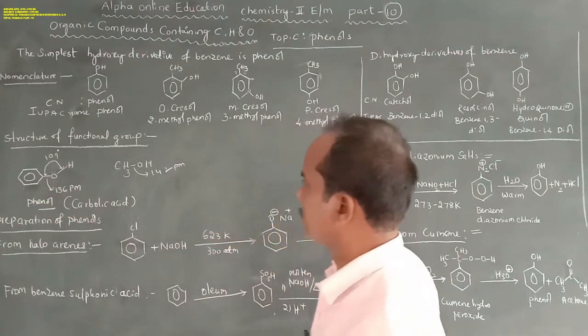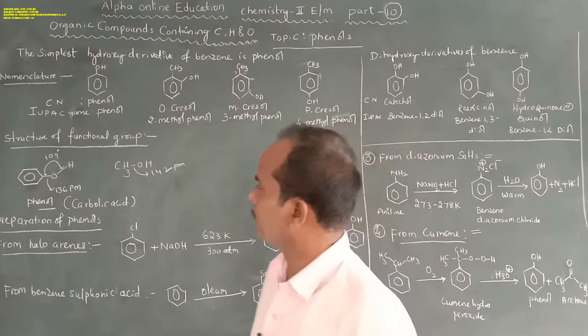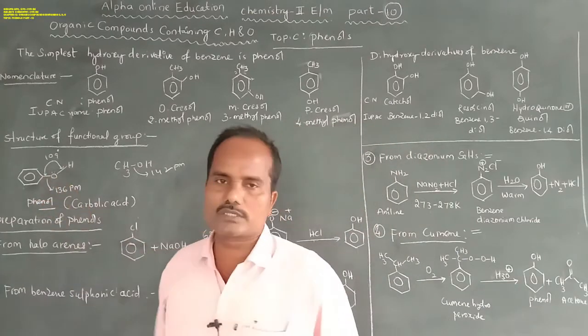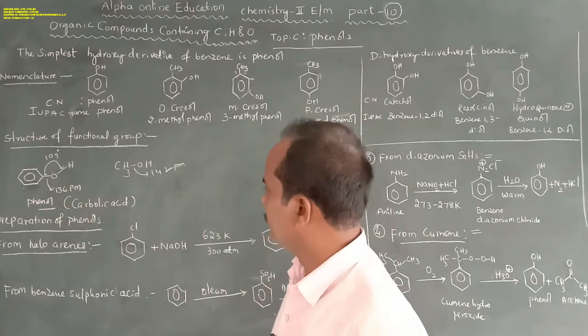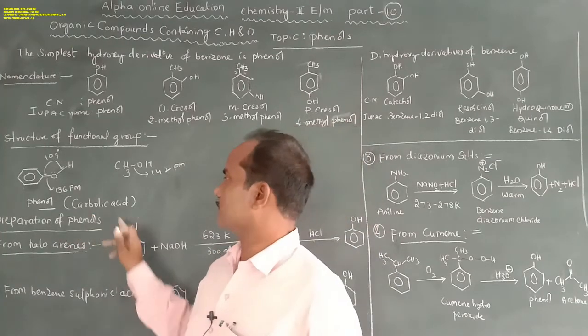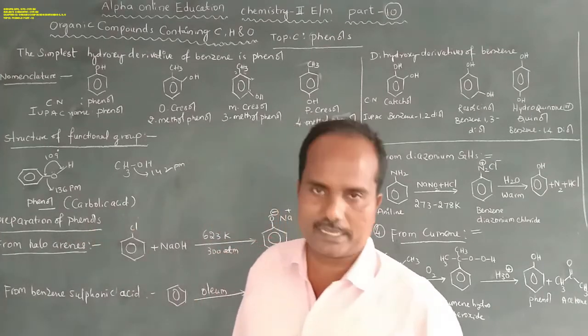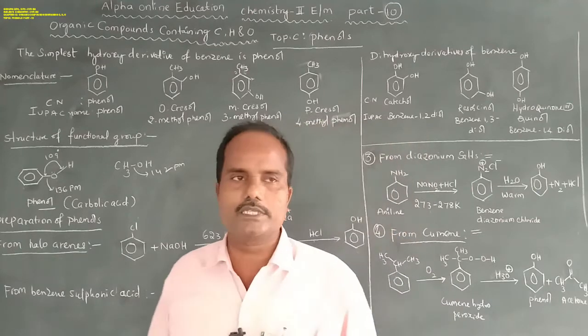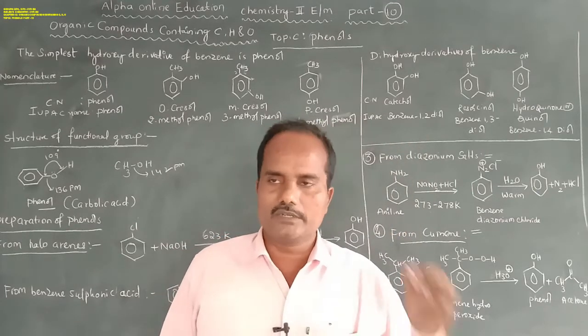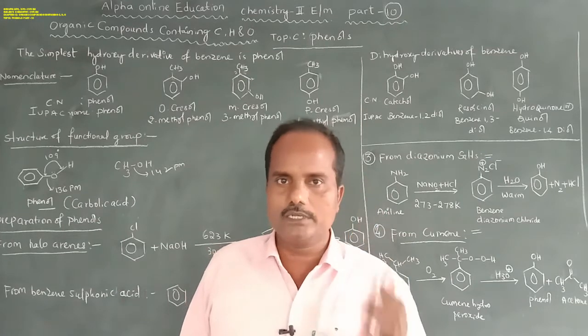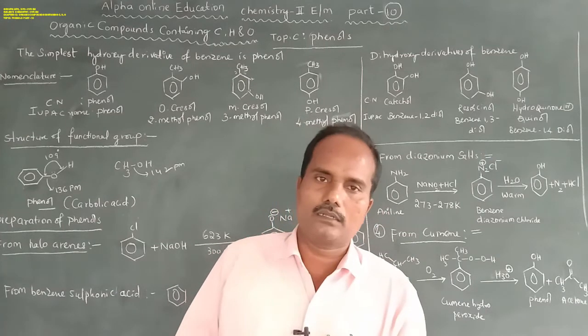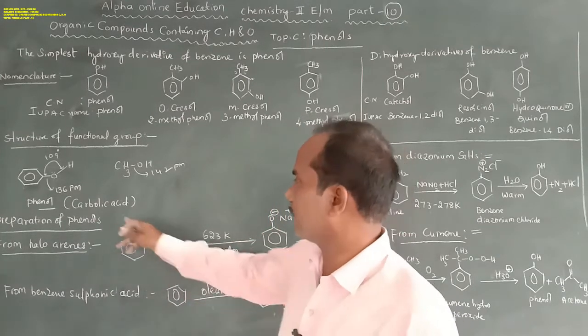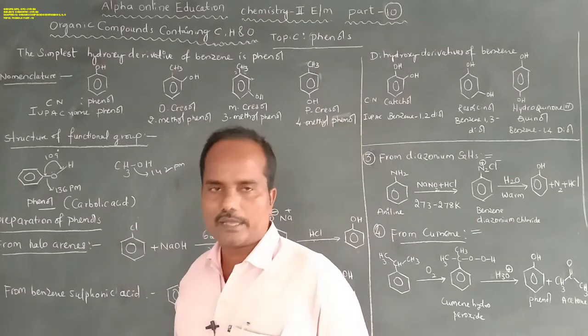These two reasons influence the bond length between carbon and oxygen in phenol. Phenol is also known as carbolic acid because it was first extracted from coal tar. That's why it is called carbolic acid.